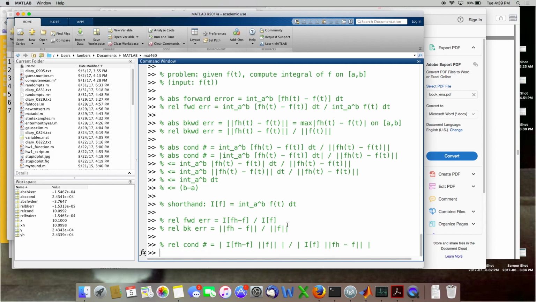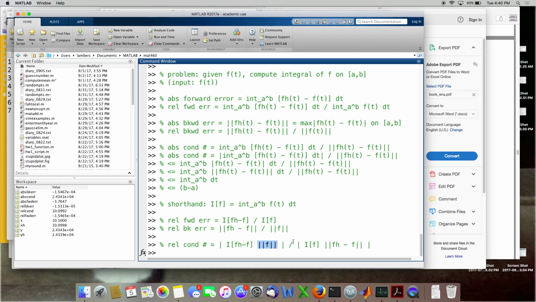Okay. Now, this is a bit harder to decipher than the absolute condition number. However, there are certain circumstances under which this can be large. For example, what if the integral of f, the exact value, is small, even though f itself is large?